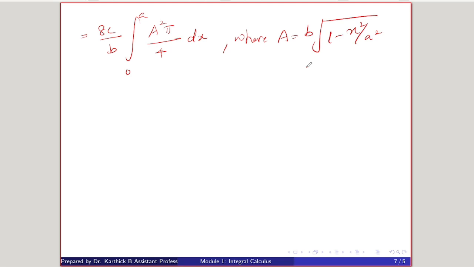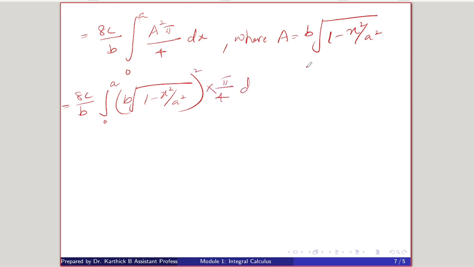Okay, and then I may substitute the value here, 0 to small a, and capital A will be b, and 1 minus x square by a square, the whole square, into pi by 4 dx.